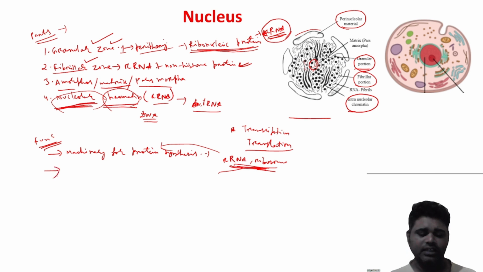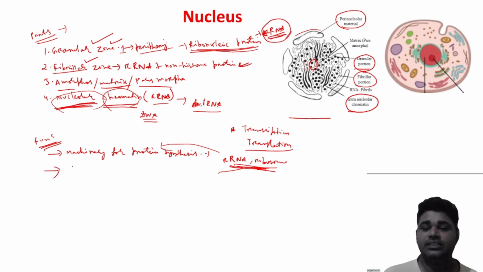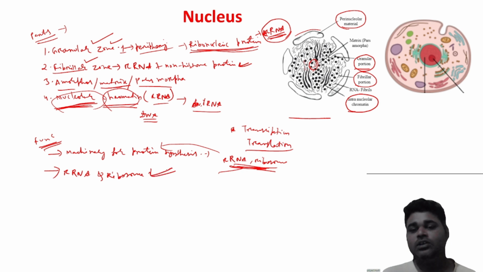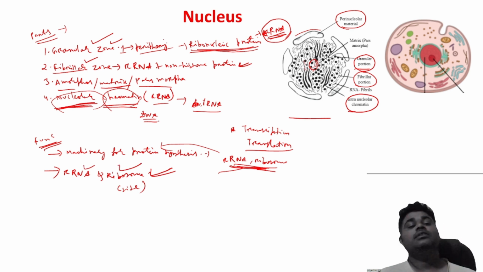The second main function is that it synthesizes simply the rRNA and ribosome. So in the NEET exam, it is always asked what is the site of rRNA and ribosome synthesis. The answer will be the nucleolus.